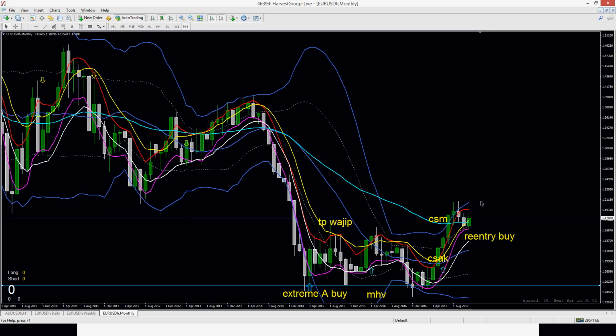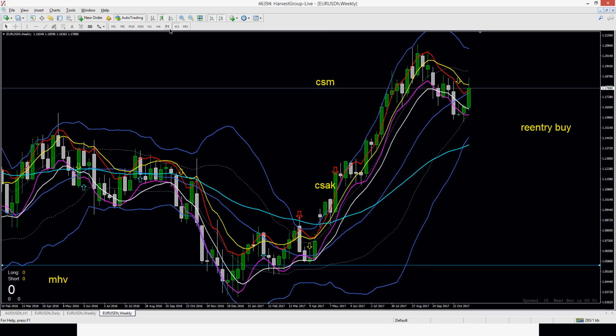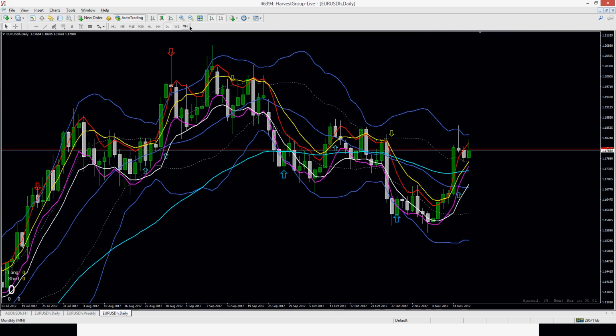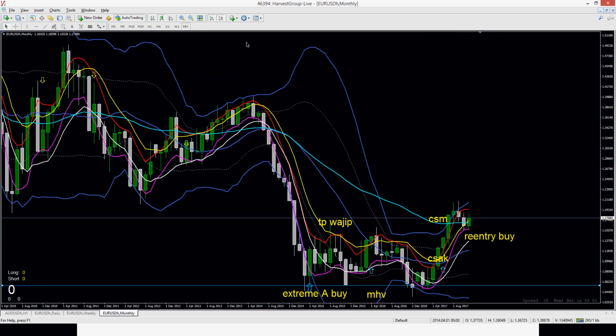This is the tricky part of going into multi-time frame. Right now I have all the information from daily, weekly, and monthly. If I was an intraday trader or a swing trader, that tells me there's a possibility of a swing trade for a buy at this juncture.